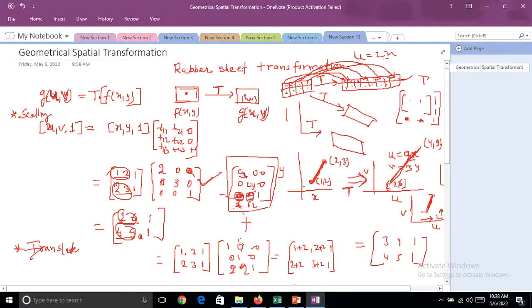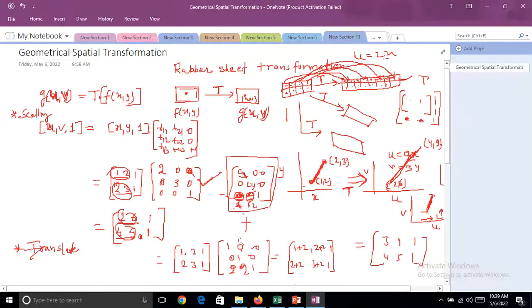But the intermediate pixels remain empty. So we shall fill the intermediate pixels with the nearest pixel value. The first we shall fill with the same value as the second, the third with the same value as the fourth, the fifth with the same value as the sixth, the seventh with the same value as the eighth. Or sometimes the average of the neighbors: to fill the seventh pixel, we take the average of the sixth and eighth. That also we can do.